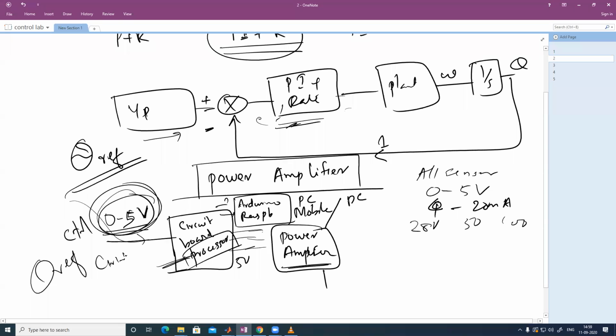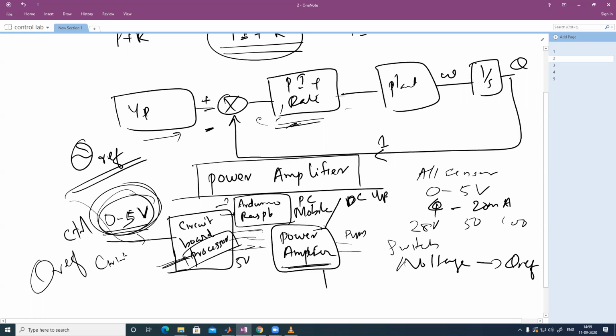If it is a DC motor, DC input will be there, and according to the signal, it will produce a PWM signal and switch the power amplifier circuit, and it will produce a voltage corresponding to this theta reference.